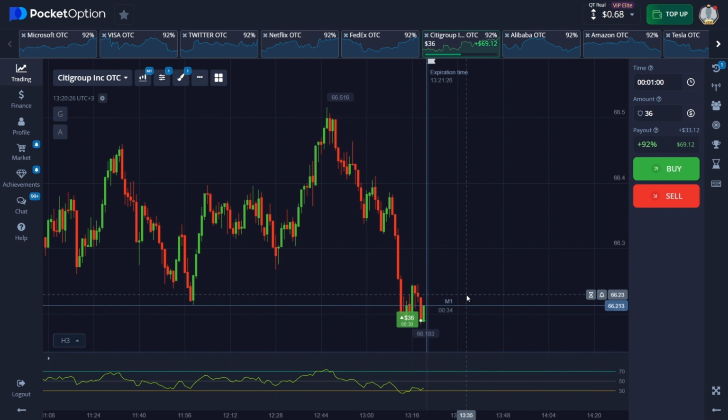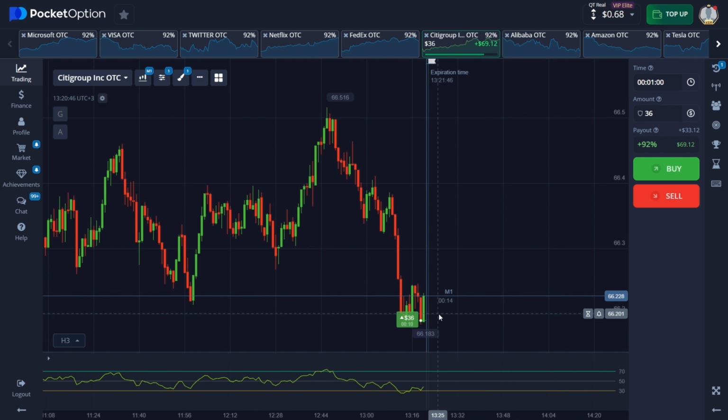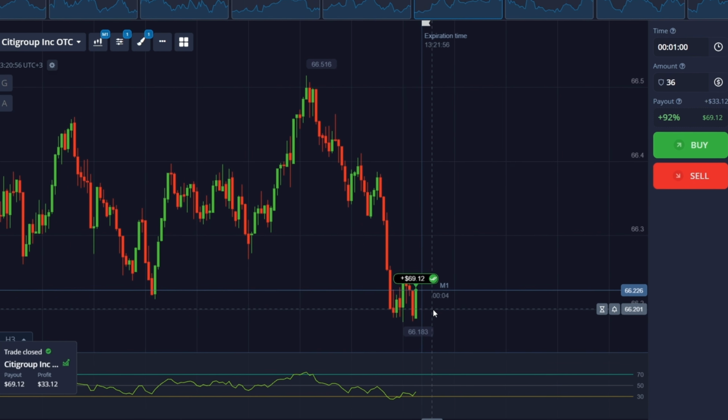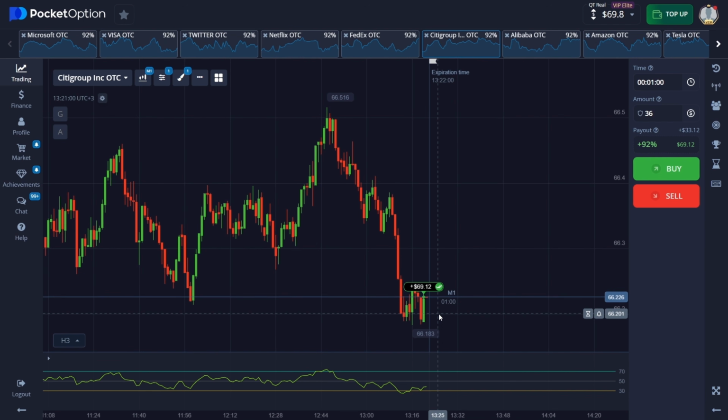You can see the candle is going in our favor right now, but there are still 30 seconds left. Only a few seconds left. And we won it. Now my balance has increased to $69.